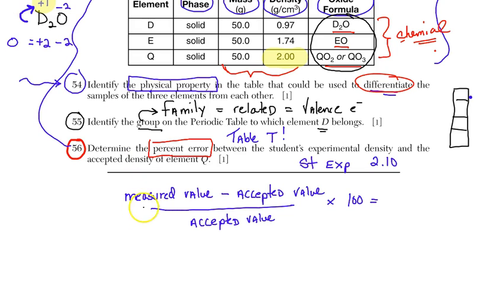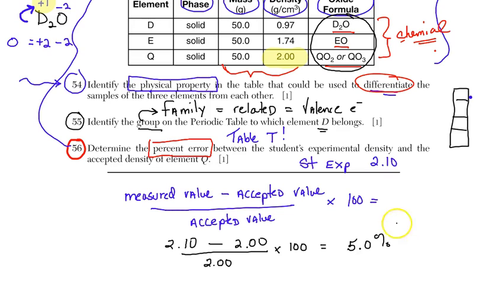So armed with my Table T formula, the measured value, the student's, is 2.10 minus the accepted for Q, 2.0, divided by the accepted value, 2.0, times 100. You put that in your calculator, and what you're going to get is 5%. And that's the answer.